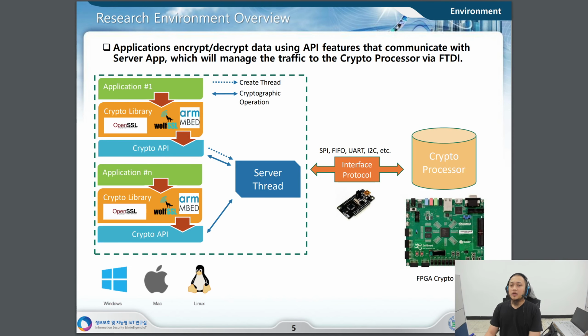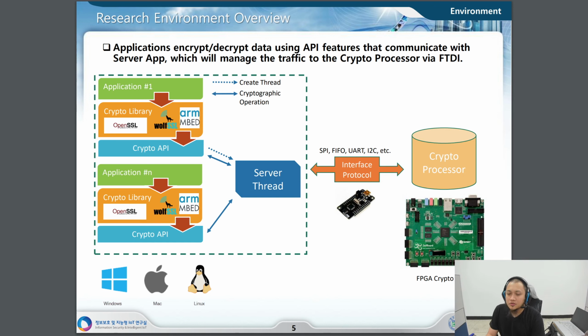Then the research environment overview of this paper is that the application usually encrypts data using an API that communicates with the server app, which will manage the traffic to FTDI. So we have one server thread here created by the first application that uses the crypto library, and this is our MECHA crypto API that creates this server thread, providing a bridge for the other applications into the same cryptographic hardware.